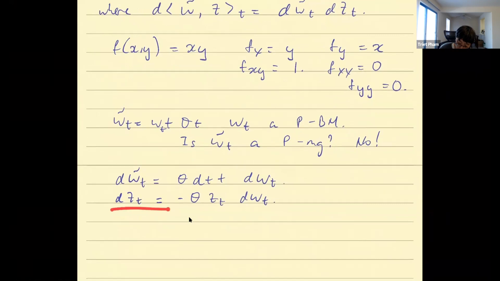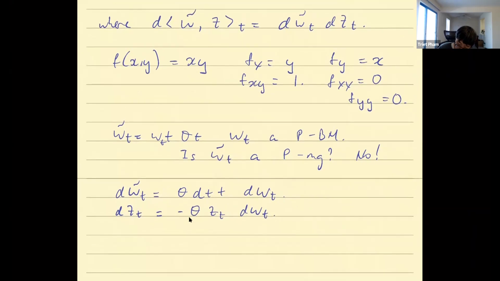So this is dZ T. So you see that dW tilde T dZ T is minus theta Z T dt, because this times this is dt, this times this is 0.